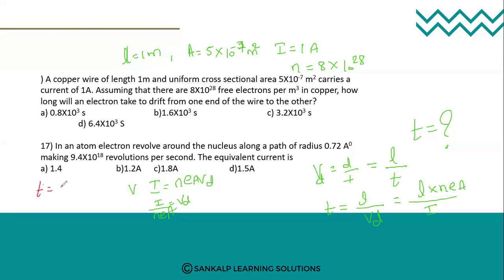So time is equal to length, 1 meter, into 8 into 10 raised to 28, into the charge of electron, 1.6 into 10 raised to minus 19, into area, 5 into 10 raised to minus 7, upon the current value. What is the value of the current? The current value is 1 ampere. So simplify the answer and check what you will get.